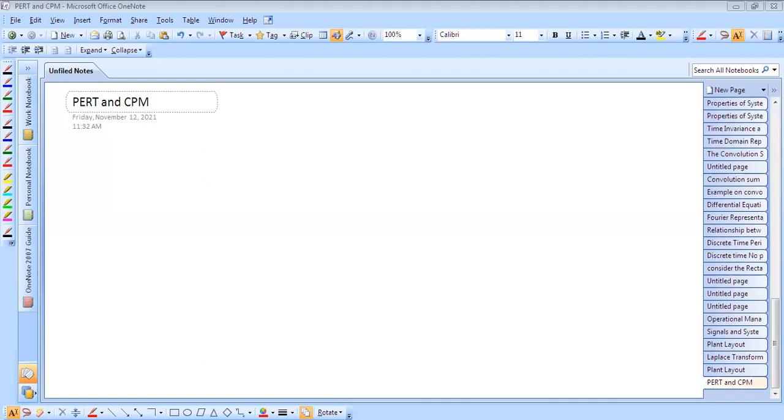Once the network diagram is constructed, which presents visually the relationship between all the activities involved, time, cost, and other resources are allocated to different activities.